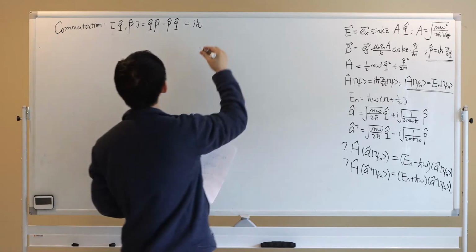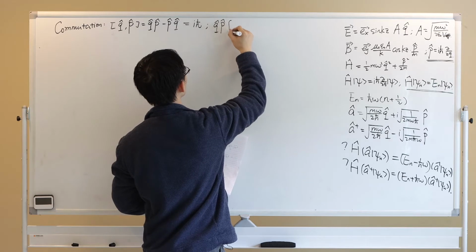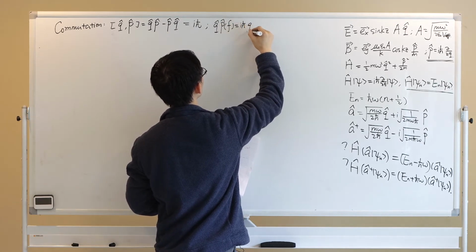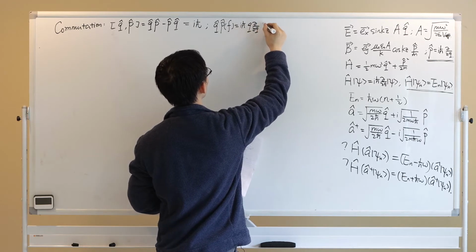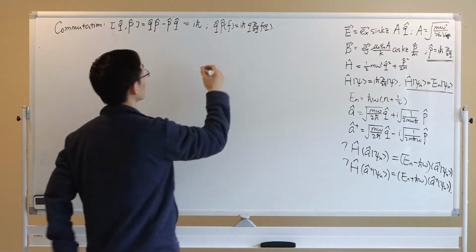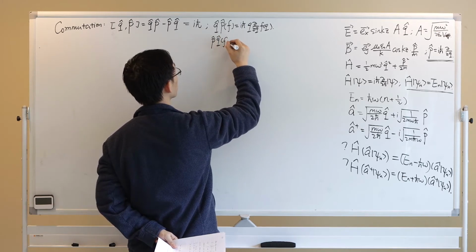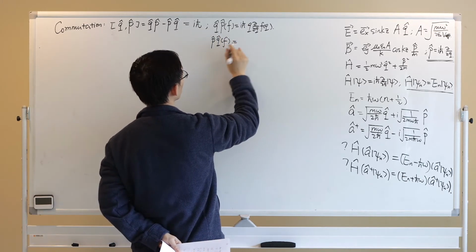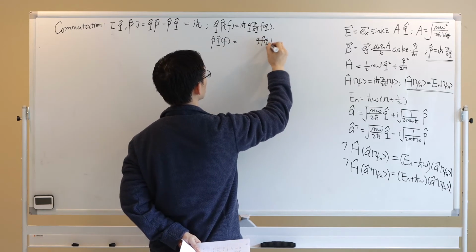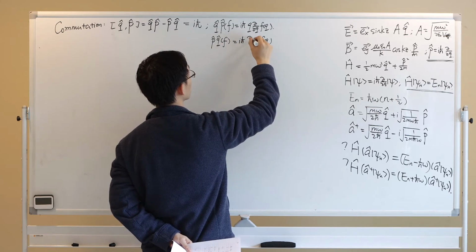So here, let's say QP acts on a function f. Then what you will have is i h bar Q partial Q f. That's what you have. And then PQ f would be Q acting on f, which is Q f, and then you have i h bar P acting on both of them.